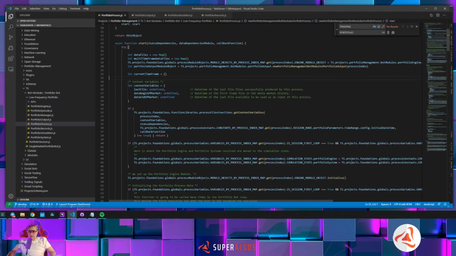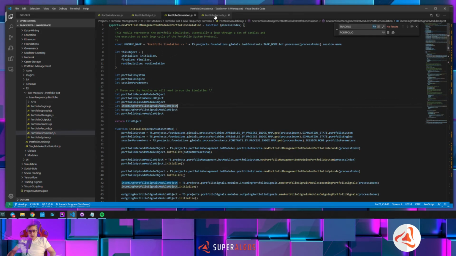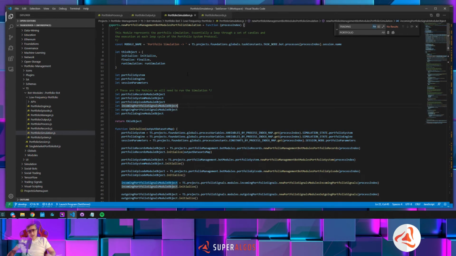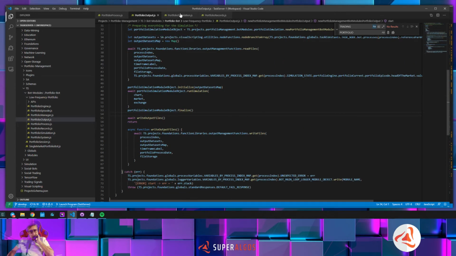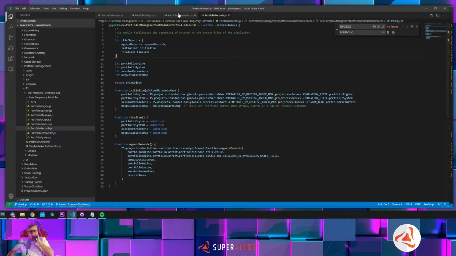That is the portfolio process, portfolio output, portfolio simulation, and also the records are an exact copy refactor from the current trading bot. So from there, we will start modifying. Most likely the portfolio process and output are going to stay just like that. The portfolio simulation, we are going to adapt it so that it goes in sync with the trading simulation. Portfolio records, no need to touch that.